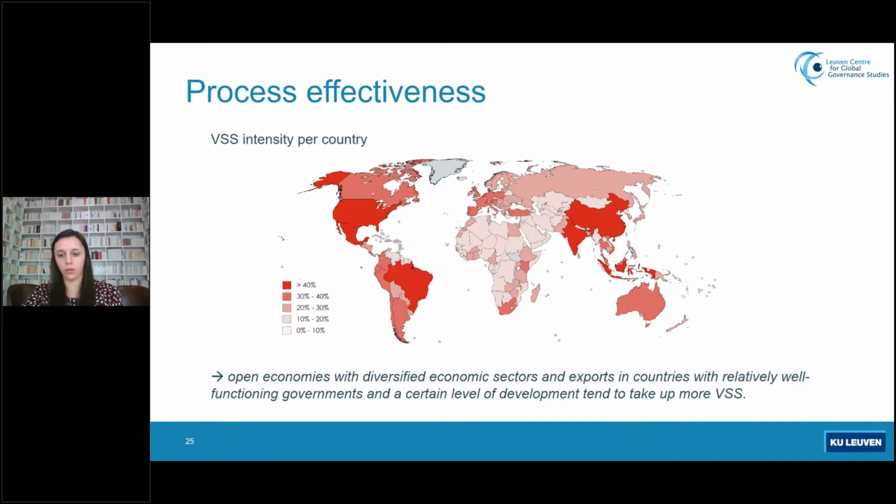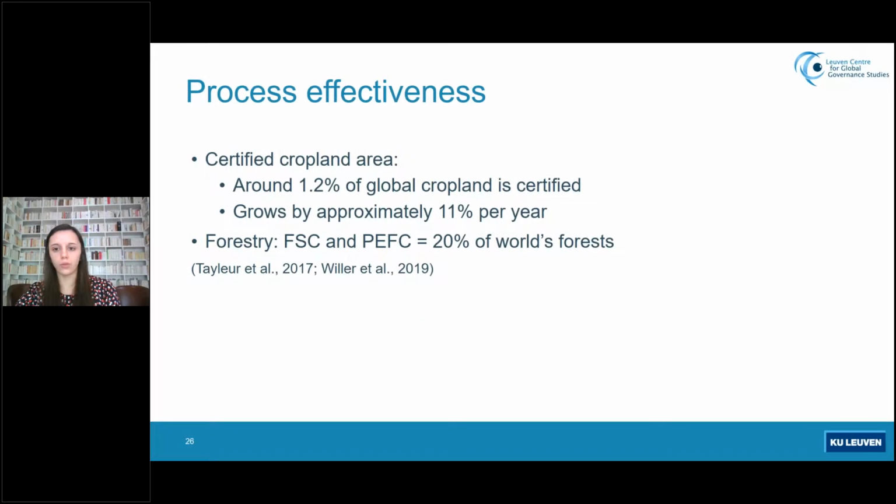This could provide us with an idea of how many entities are certified, but that's rather difficult because, as we saw in the institutional design of VSS, not all VSS are equally transparent. Some of them report the number of certificates that they issue in a rather systematic way, but not all VSS do that. So it's really hard to actually get the numbers of total certificates of VSS in the world.